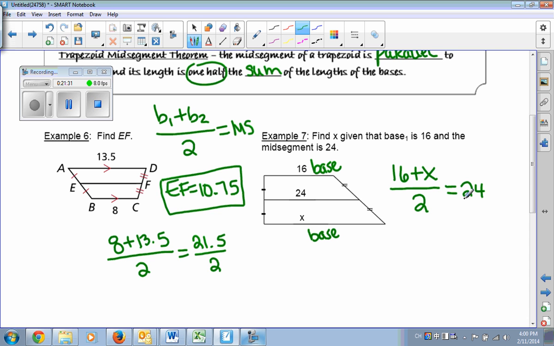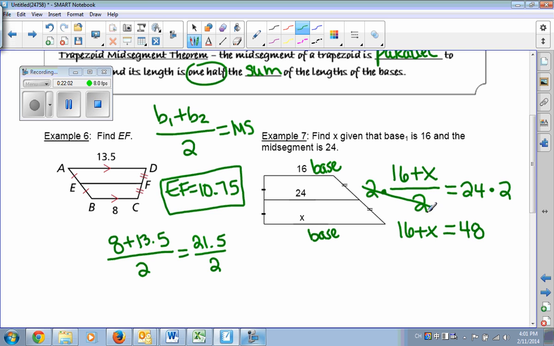Okay? So how are we going to get that X right there by itself? Yeah, it's dividing by 2. So to get rid of that, we're going to multiply both sides by 2. So 16 plus X is what's left on the left side, is equal to, and what is 24 times 2? 48.